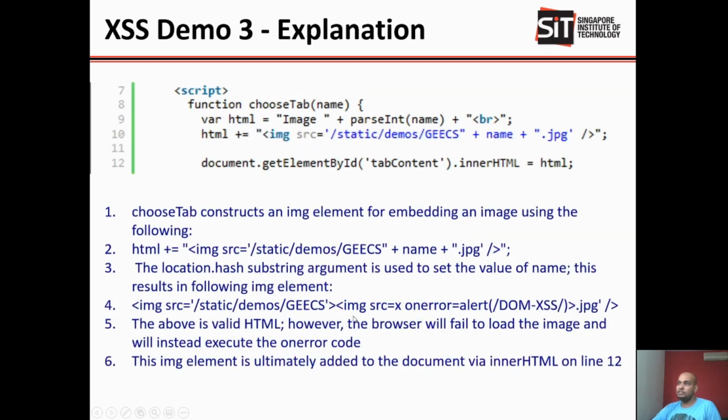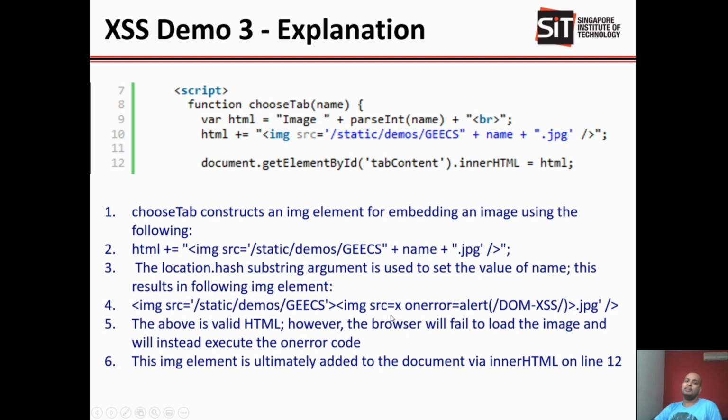This single quote and bracket completes this image element, which may not exist. There is no such image. And then there is another image source equal to x that also doesn't exist. So we get an error in loading the image.